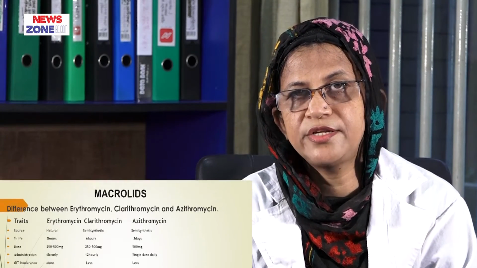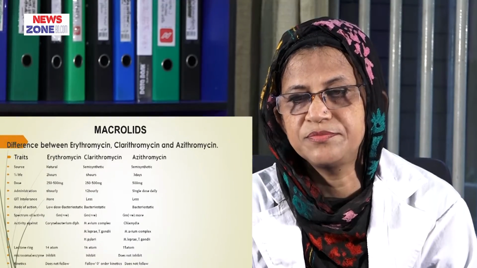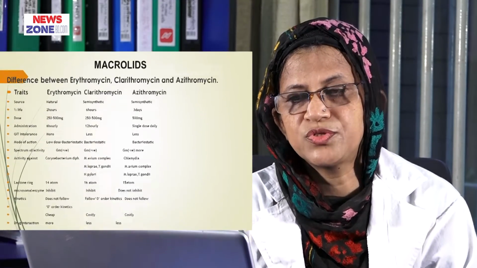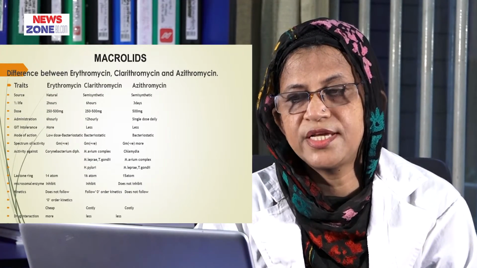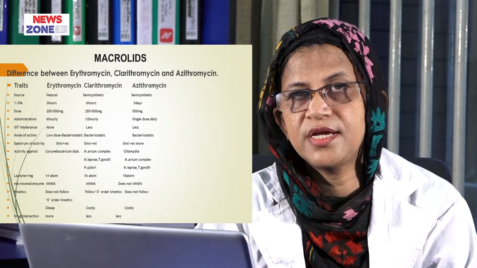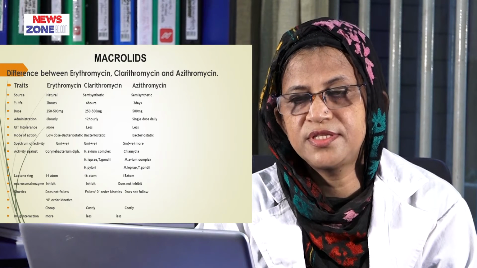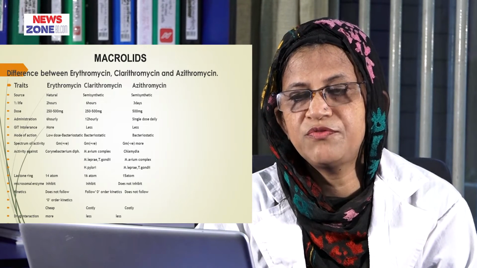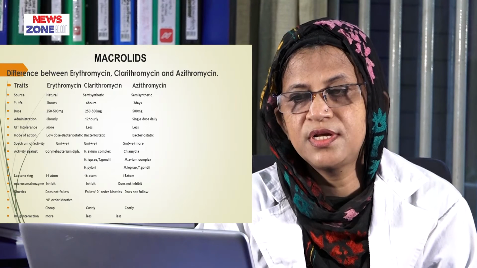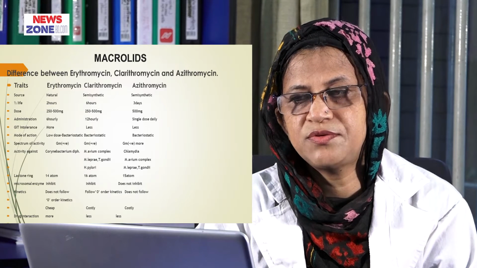Now, the difference between erythromycin, clarithromycin and azithromycin. At first, source. Erythromycin is natural and clarithromycin and azithromycin are semisynthetic. Half-life of erythromycin is 2 hours, that of clarithromycin is 6 hours and azithromycin is 3 days.